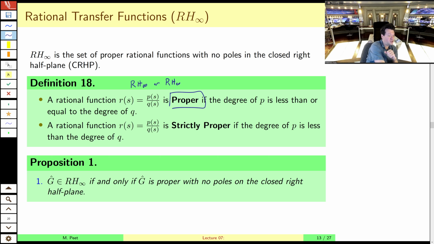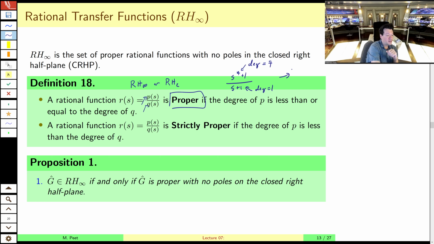For elements of RH2 or RH infinity, because it's rational, it can be represented as a numerator P over a denominator Q. We refer to proper to mean that the degree of Q is greater than or equal to the degree of P. So for example, if we had s to the fourth plus 1 over s plus 1, the degree of that numerator P is 4, and the degree of the denominator Q is 1.